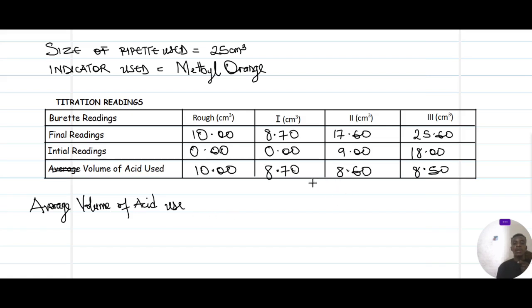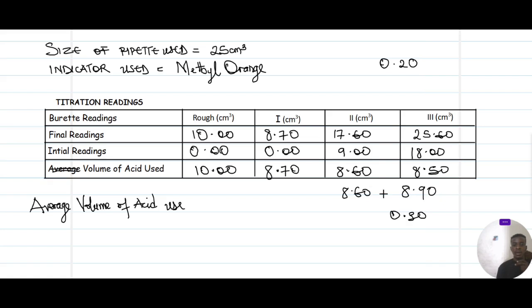Now, when you want to take the average, look for the two concordant titre values. That means the values that are close enough to each other, not more than 0.20 apart. Imagine here I'm having 8.60 and 8.90. You see the difference is much, about 0.30. It should not exceed 0.20, the difference between both of them. So these two are not concordant.